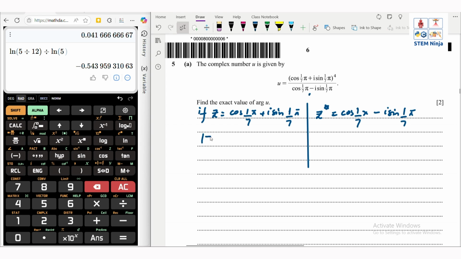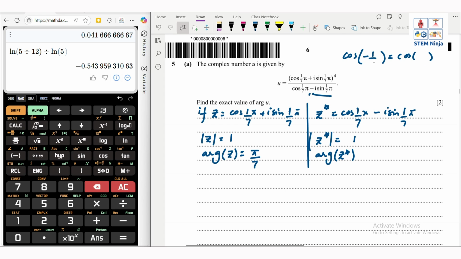So mod of z is 1. However, the argument of z is just simply pi by 7. We don't even need to do that. This one, on the other hand, is also 1. And the argument of z conjugate is minus pi by 7. Why? Because cos of a negative angle is basically the same thing.